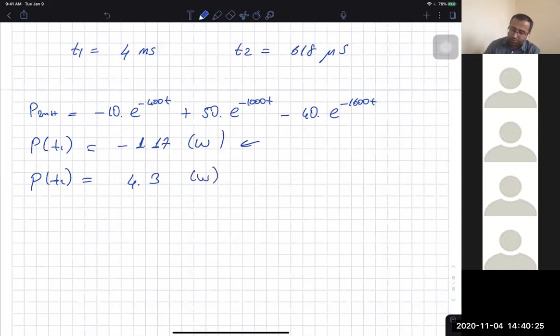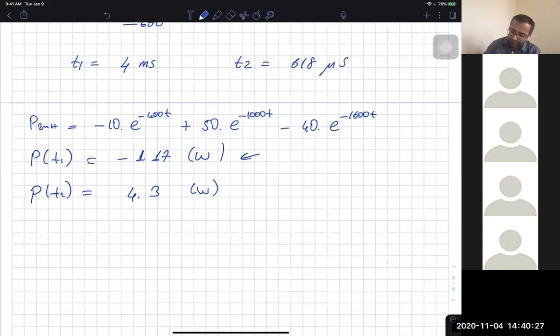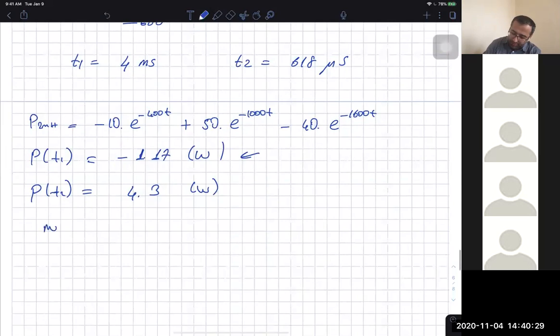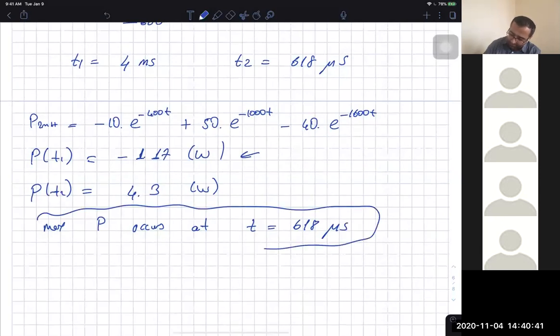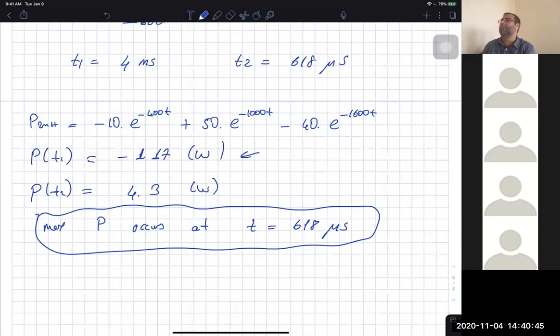So as you can clearly see now, maximum power occurs at T equals 618 microseconds, right? So this is the time. Thank you everyone for helping me. So let's see the next problem here.